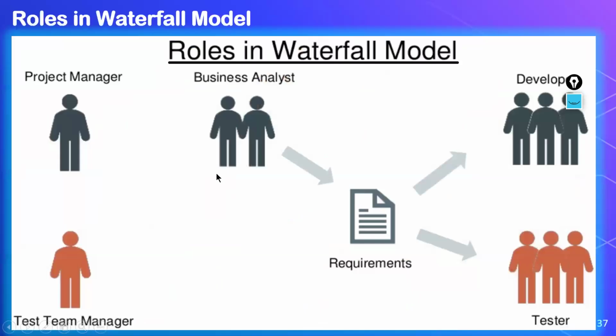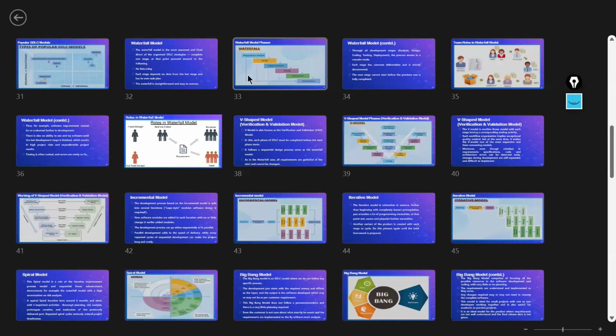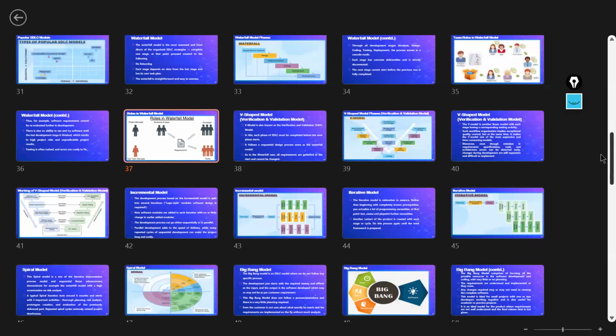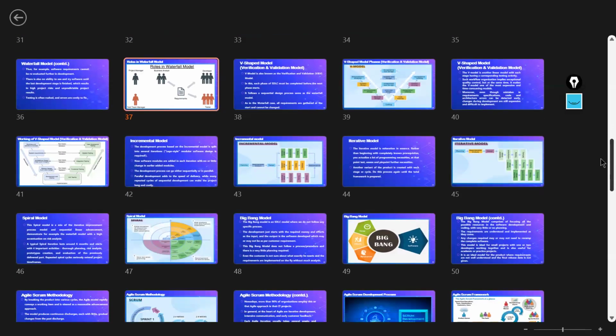That is all about waterfall. There are other models as well, but that's okay, even if we don't discuss all of that. That is not going to be an issue.